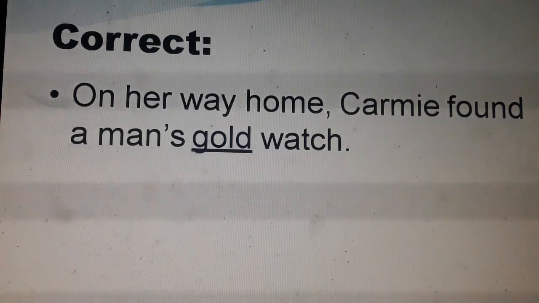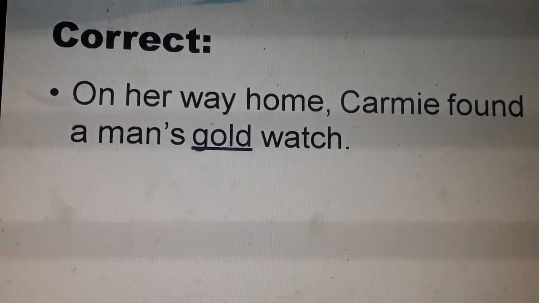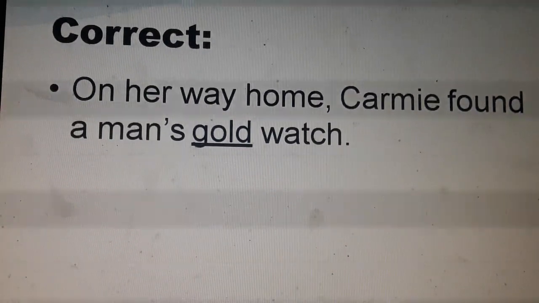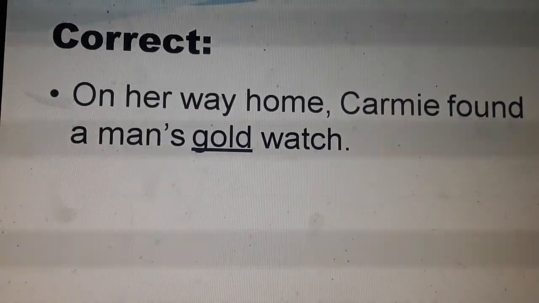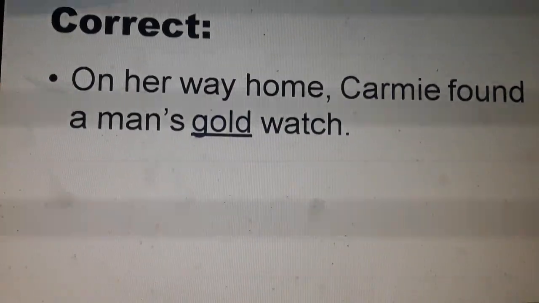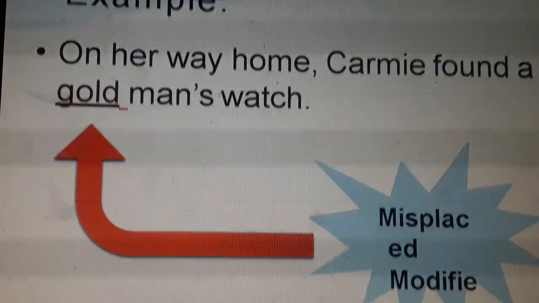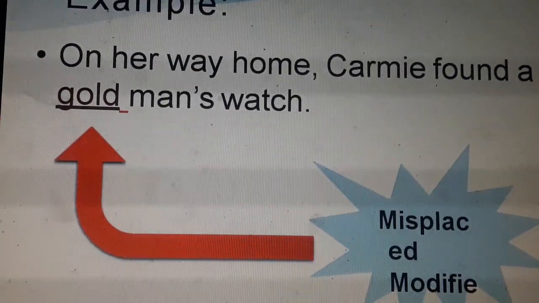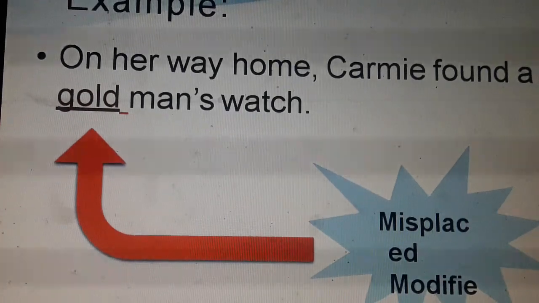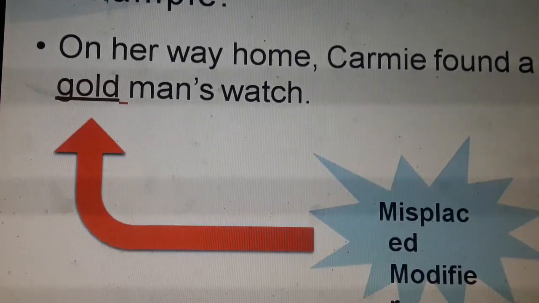If you look at the answer: on our way home, Carmi found a man's gold watch. So it's going to modify watch, not man, as it is shown here. So it's gold watch, not Goldman's watch.